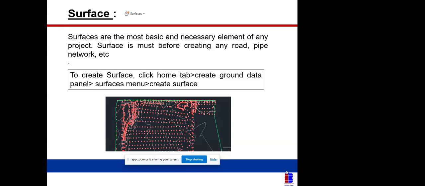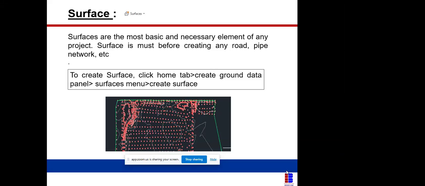So what is a surface? In any project you are doing, you only have one surface for the project, but you can have different pipe networks, different alignment road networks, different infrastructure works. You can have different networks, but for that particular entity, you have one surface for all. You can't have two surfaces in any project you are doing.